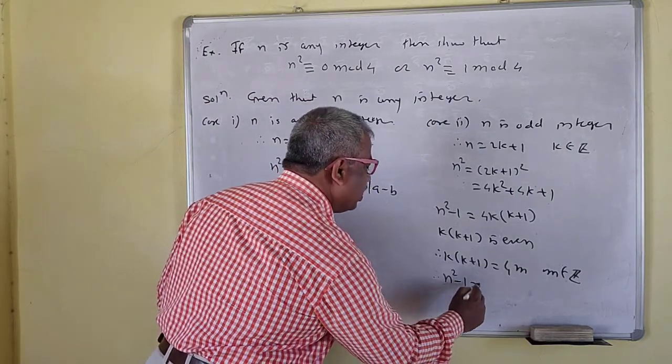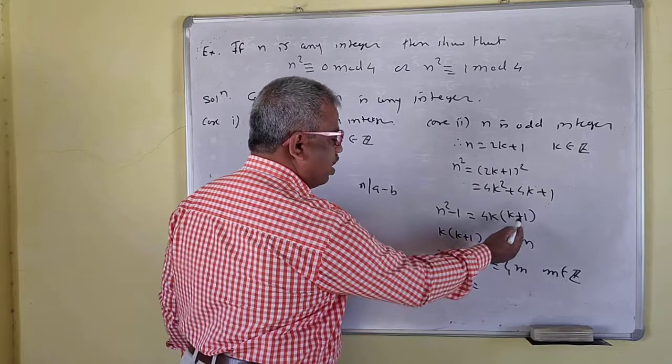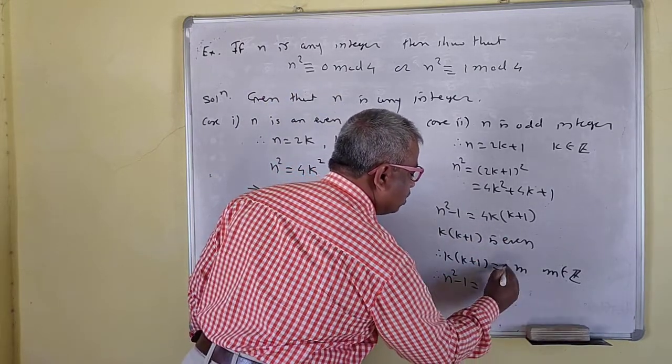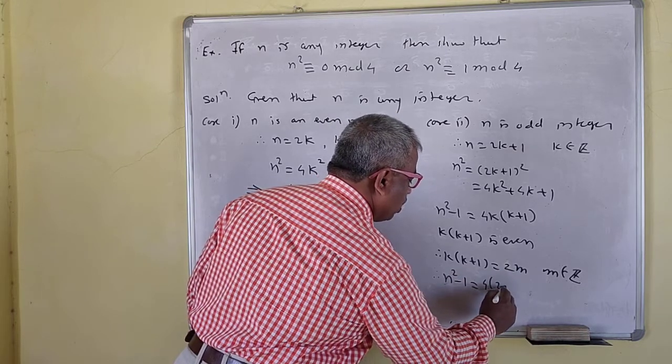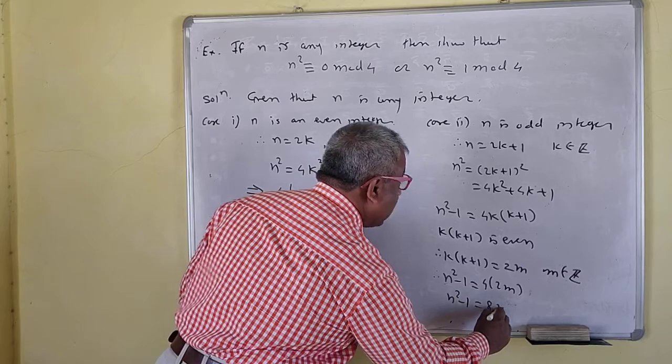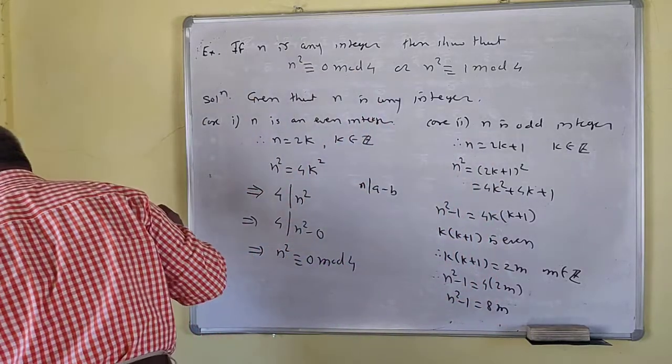Therefore n square minus 1 is equal to 4 into k into k plus 1, and this is twice m, since it is even. So 4 into twice m, so n square minus 1 is equal to 8m.